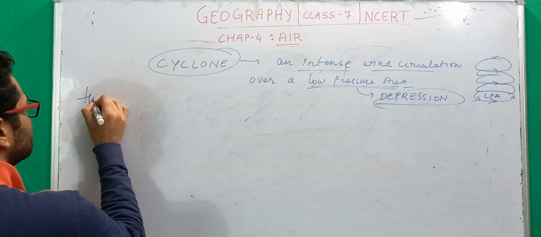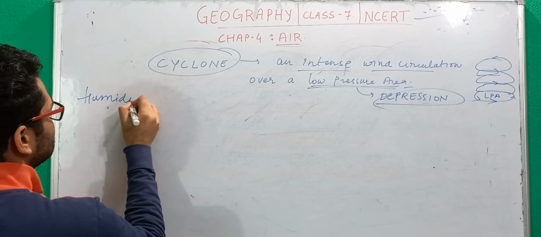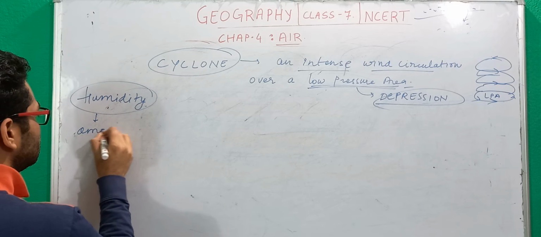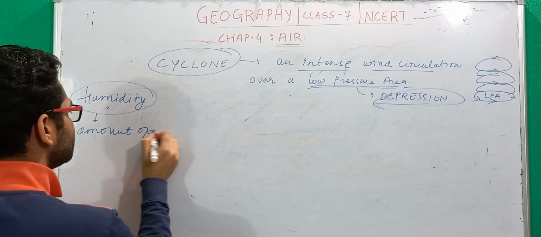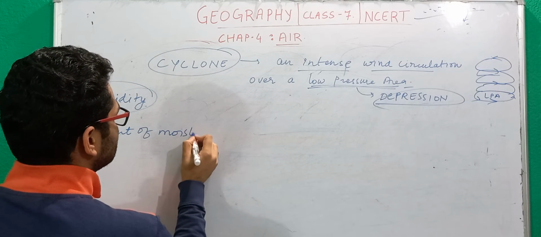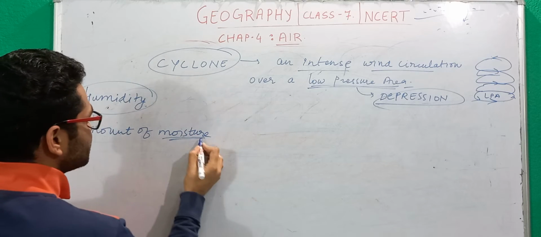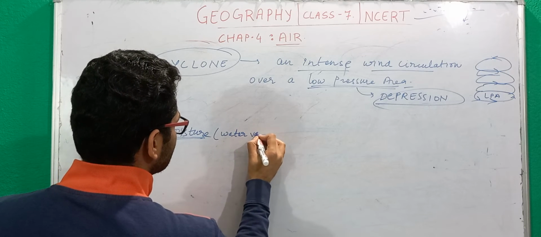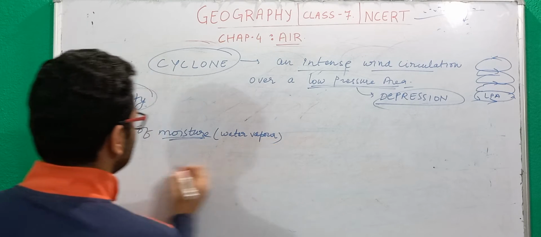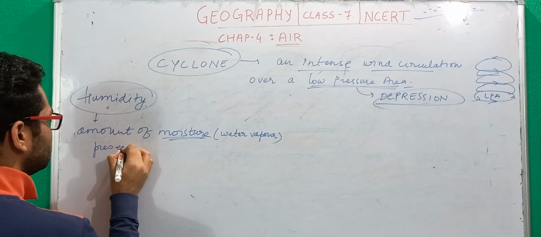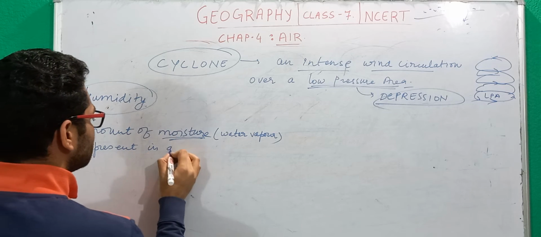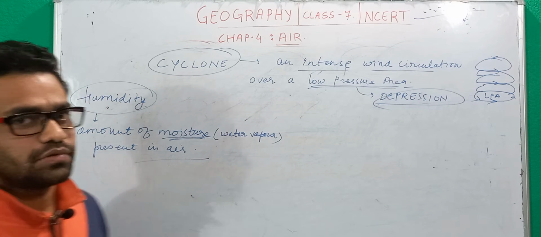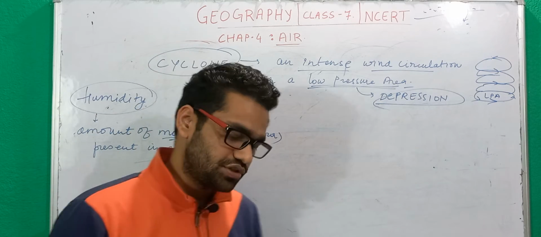So let's understand what humidity actually is. When we talk about humidity, it is the amount of moisture, and when I say moisture I mean water vapor, present in air. What is the amount of water vapor that is present in air? That will be called its humidity.